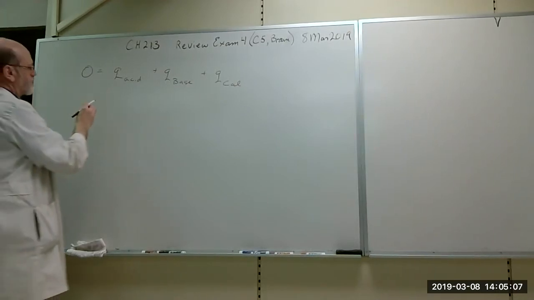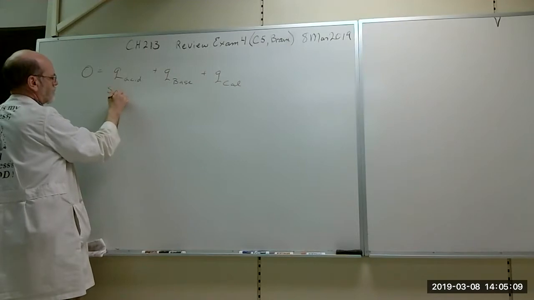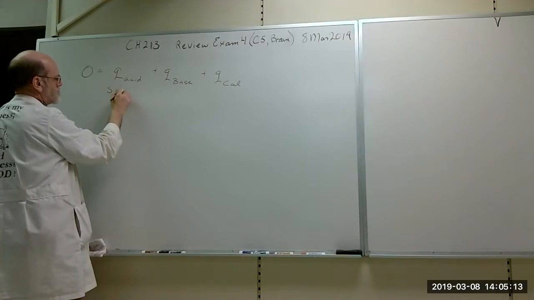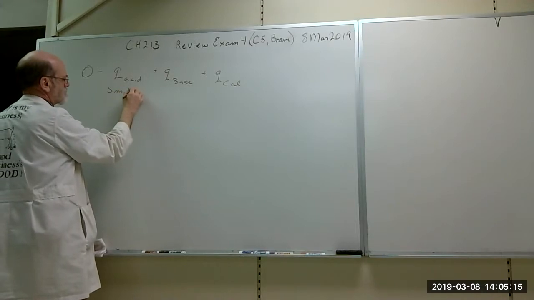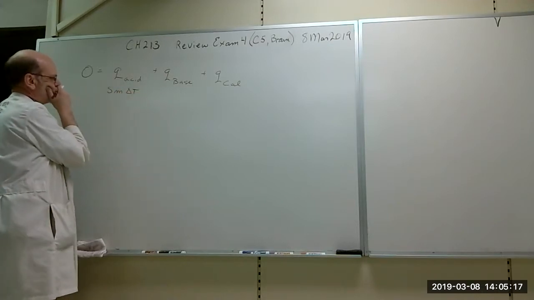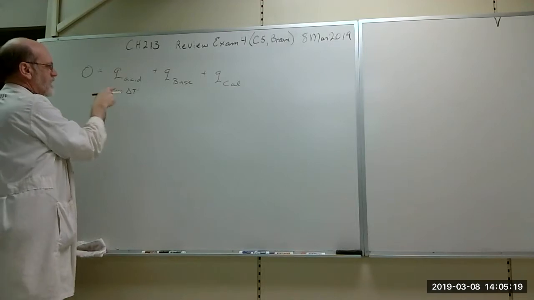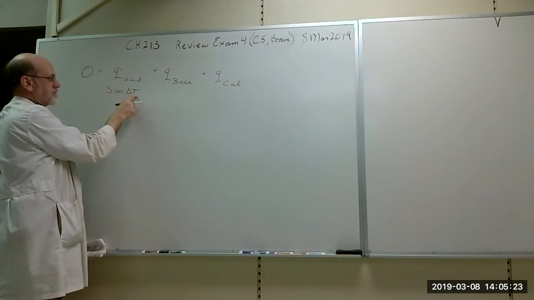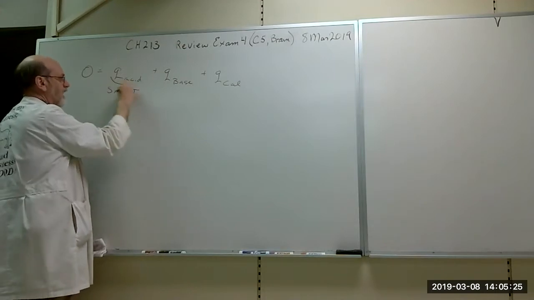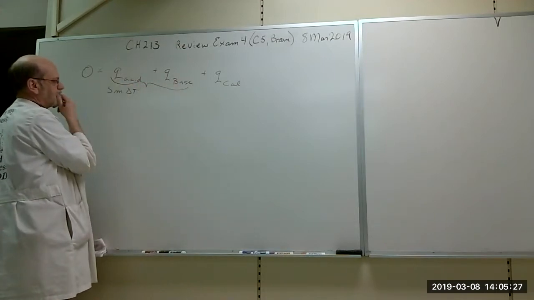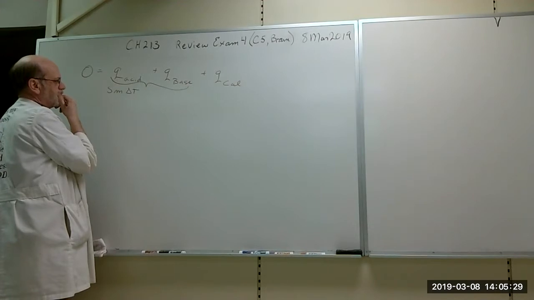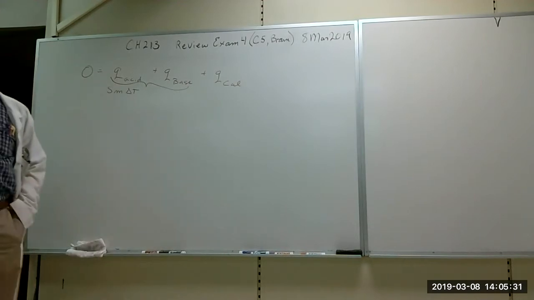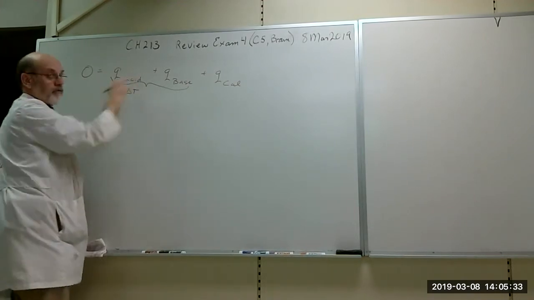If we start off at the same temperature, we can combine these. Right, the method does tell you to start off at the same temperature for both of them, doesn't it?